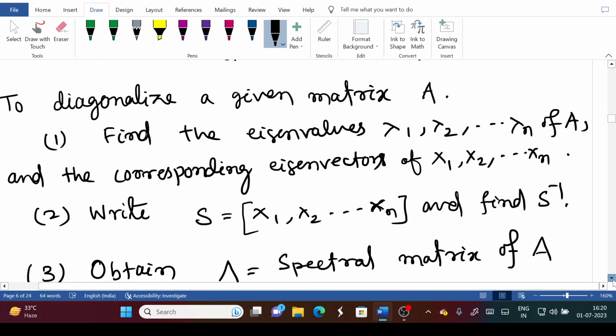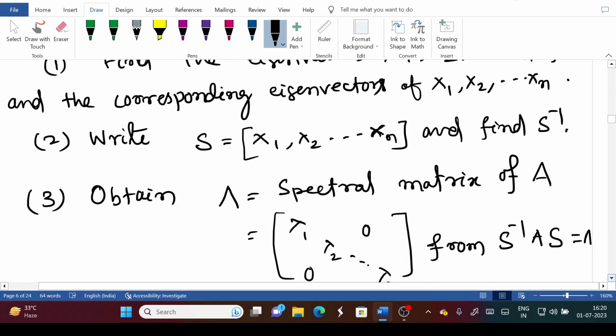Then we multiply S inverse A S to get Λ. What is the formula for Λ? Λ = S⁻¹AS.